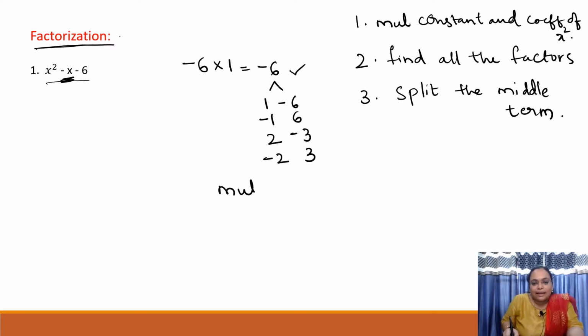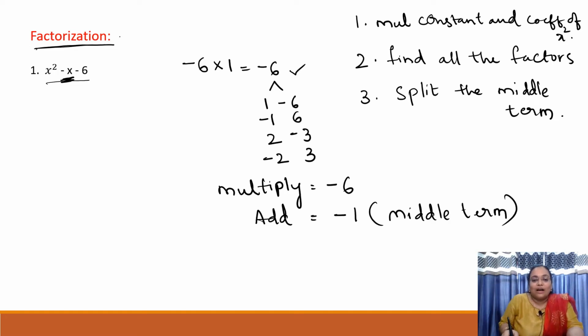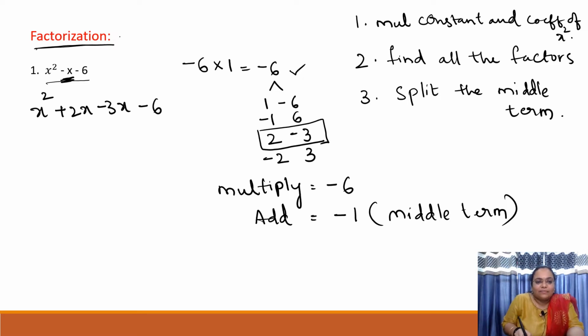If you multiply these two factors, you need to get −6. And if you add these two factors, you need to get the middle term, which is −1. So how do we do it? We'll take this combination. Now let us split the middle term: x² + 2x − 3x − 6.